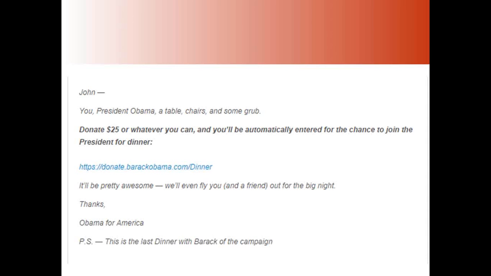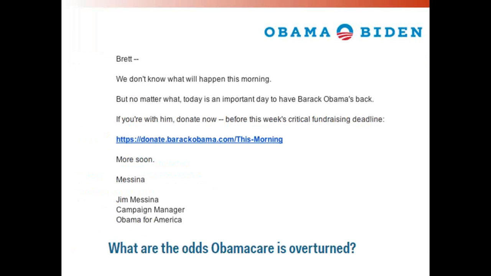I like the language specifically in this email. They use terms like a table, chairs, and some grub. It's interesting to see the word grub in a campaign email, and asking people to donate $25 or whatever you can. Very colloquial in the way we're talking.